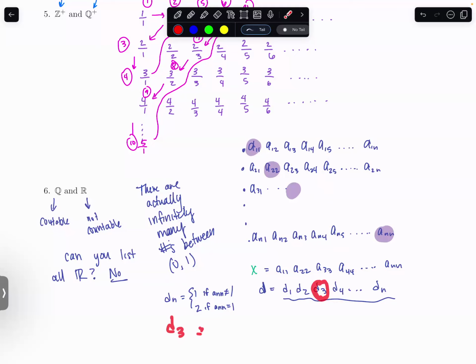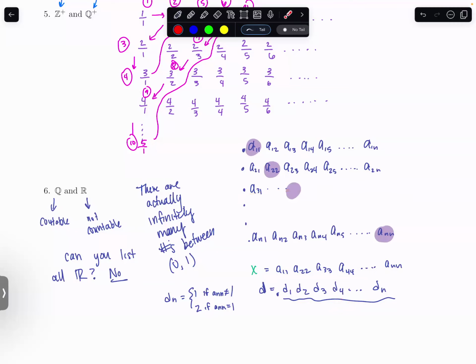So this number D will be different than this third entry number at least in this spot. And if you change the fourth one, right, then this number D, which is a decimal, will be different than the fourth entry in our list at least in that spot.